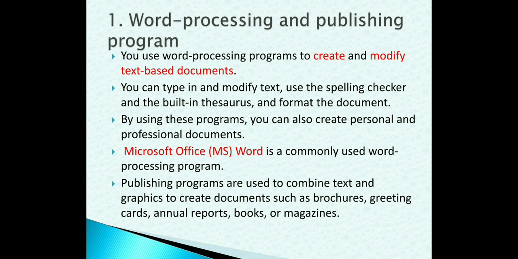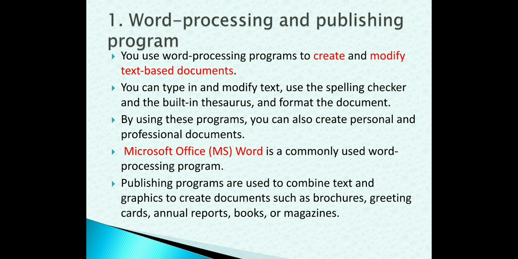So first of all, we have word processing and publishing programs. We use word processing programs to create and modify text based documents. You can type in and modify text, use the spelling checker and built-in thesaurus, and format the document. We can check whether the spellings are right or wrong.